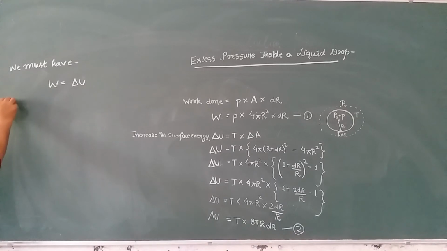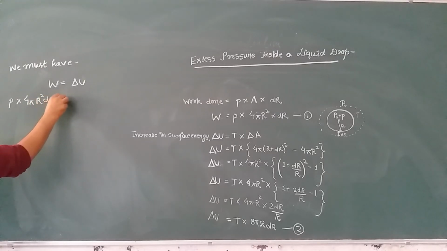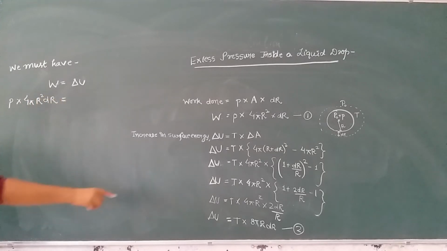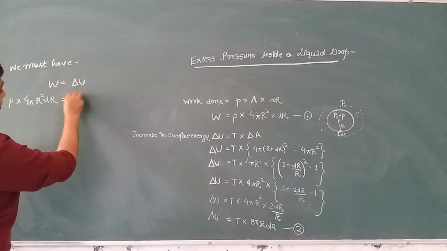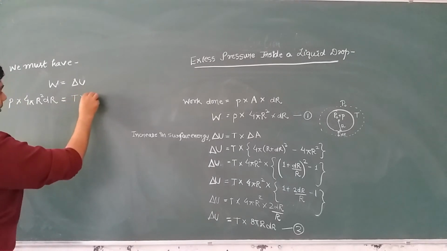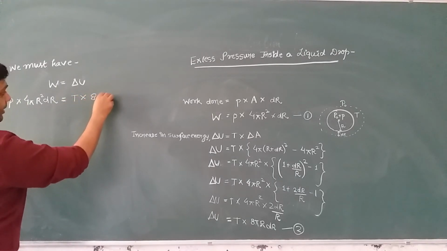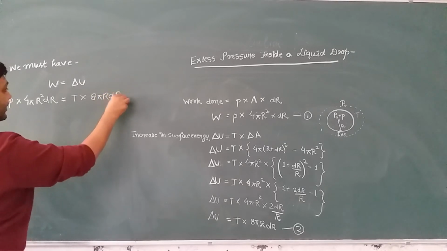It is P into 4 pi r square dr, and this should be equal to the increase in surface energy, which is T multiplied by 8 pi r dr.